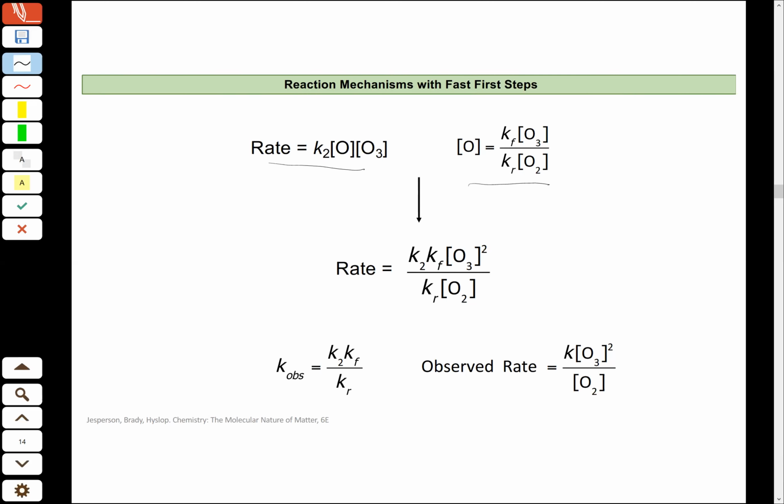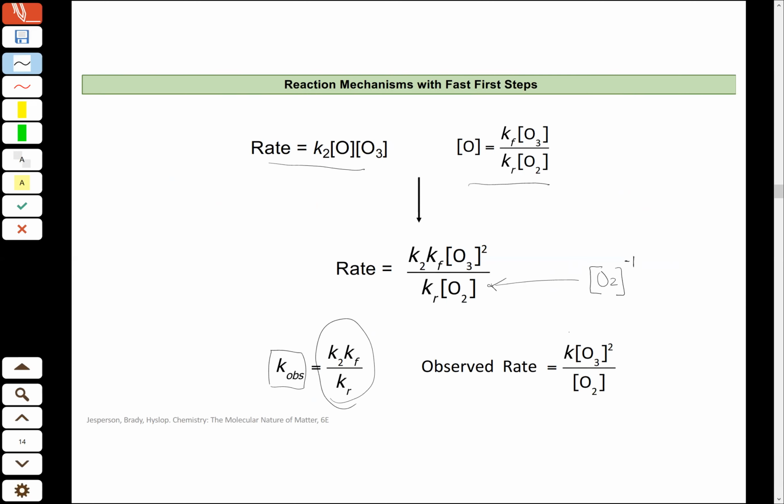ozone to the second order, and O2, which will be divided by it, which I can really think of this right here as being the concentration of oxygen to the -1, right? The inverse. Well, we're not going to really distinguish between these different rate constants when we're looking at this experimentally. So really, whatever rate law constant we observe in the lab as we change temperature and see the impact on the rate of the reaction, we can say is equal to this large combination of different rate law constants.